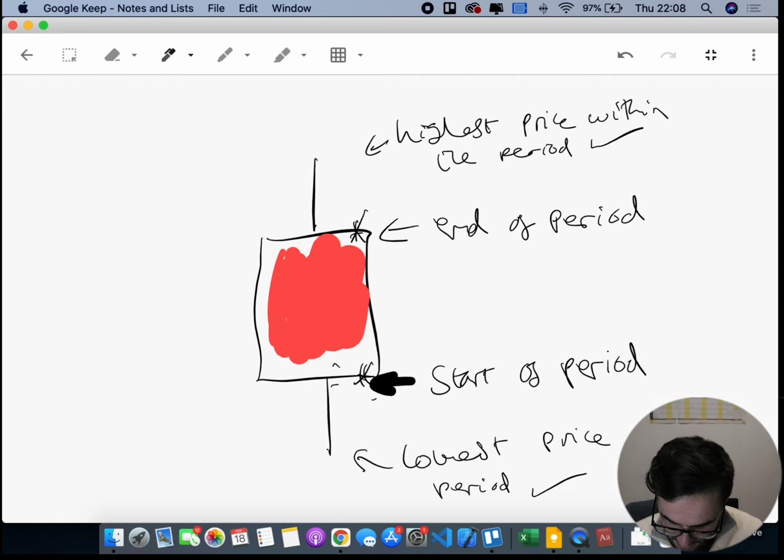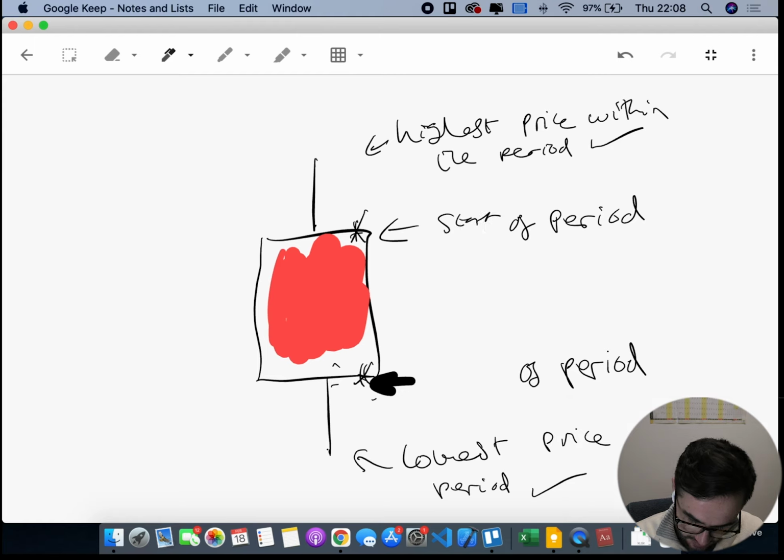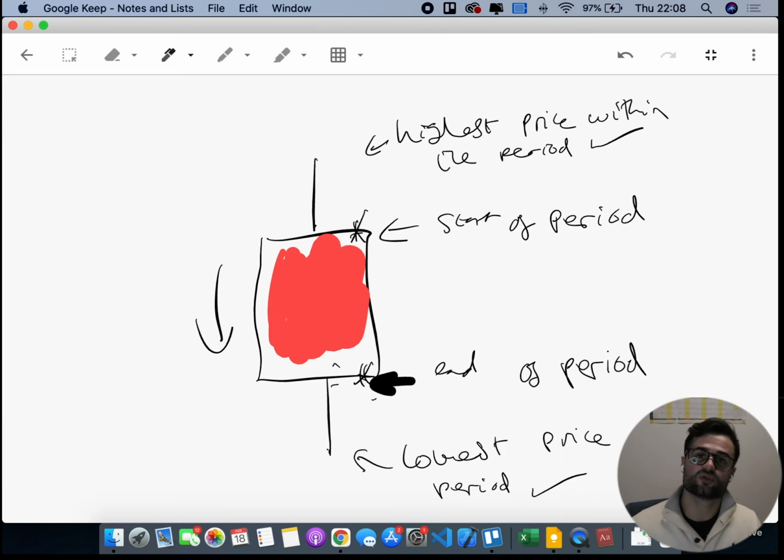But let's look at these two, end and start of period. Well, we know this can't be right because if it's a red candle, the price has to have decreased within that period. So actually, all we need to do is swap these two. This is the start, and this is the end. Red candle goes down, green candle, price went up.